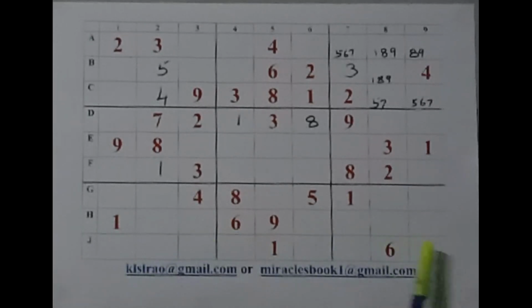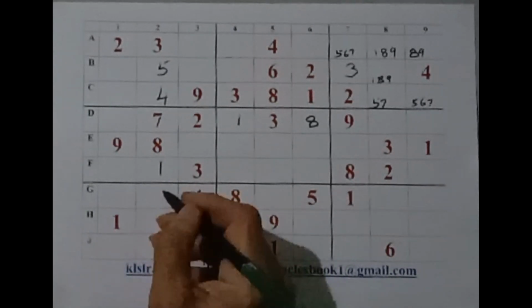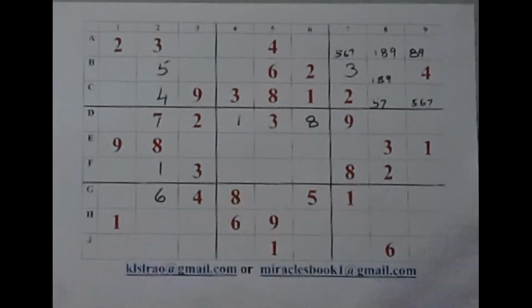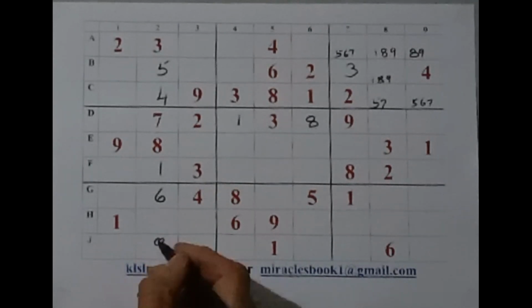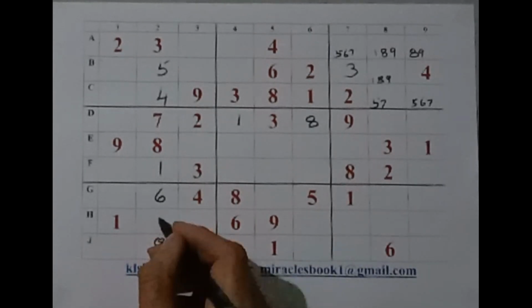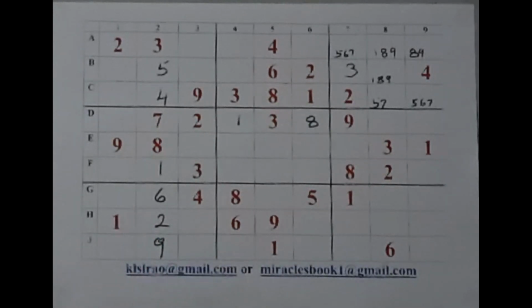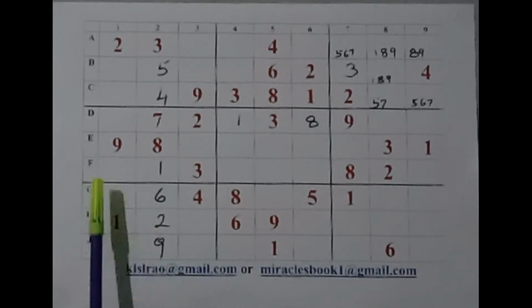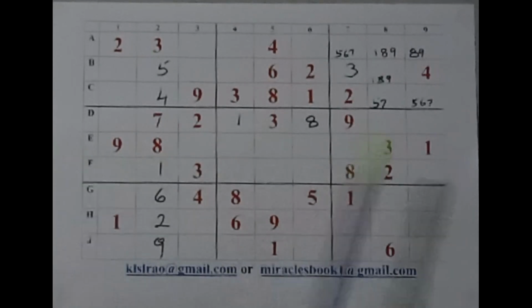This 6 here means this is the place for 6. This 9 here means we can write the next 9 here. And the last place in this column is for number 2. That's good work.